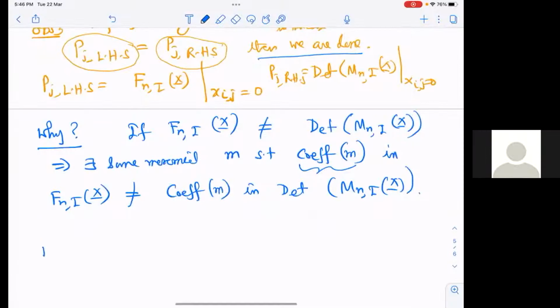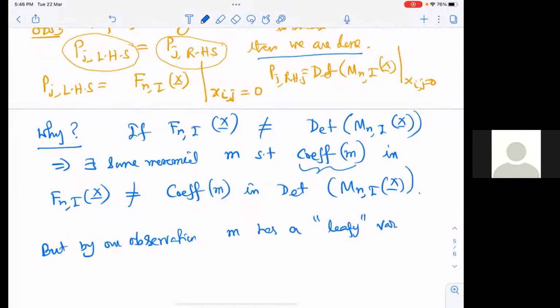But by our observation, m has a leafy variable j. This is not a mathematical term, I am just defining it to give the insight.